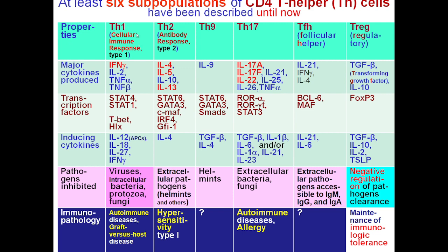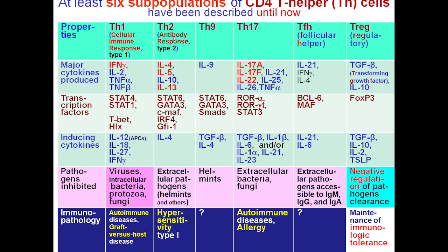T helper type 1 produces interferon gamma, and interferon gamma stimulates accumulation of more T helpers type 1. At the same time, interferon gamma inhibits formation of T helpers type 2 from naive T helper cells, and is sort of an antagonist of T helper type 2 synthesis and maturation.